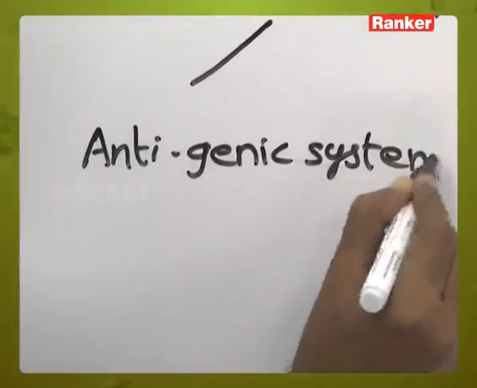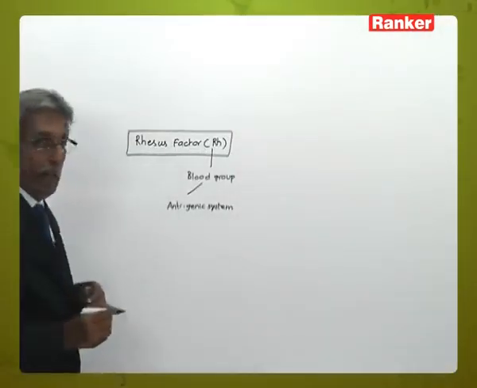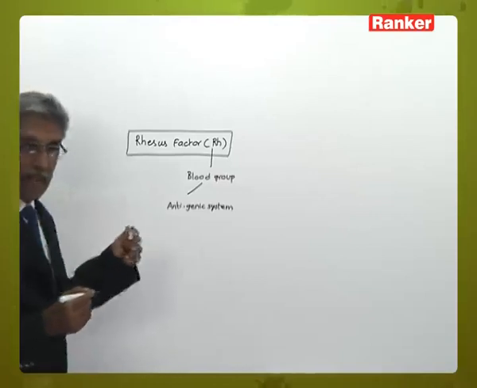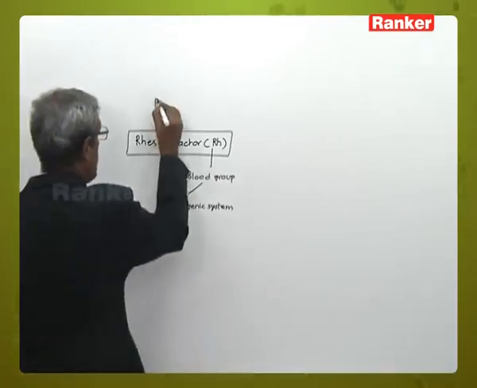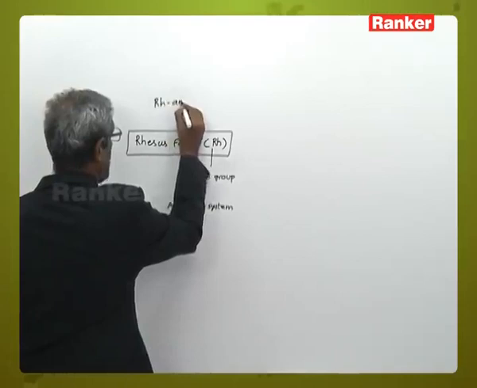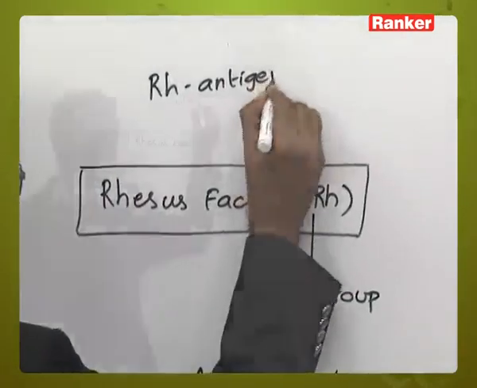It is a foreign protein, and whenever RH is present, it is represented as an antigen or a foreign body.